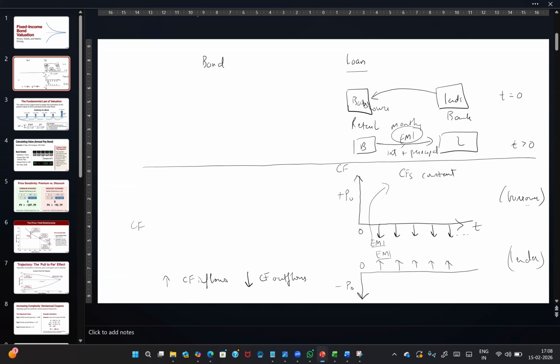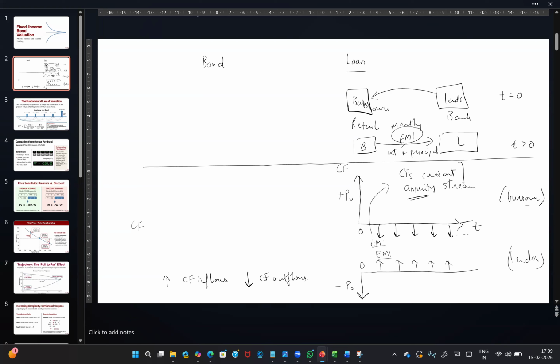This constant stream of cash flows for a given period of time is, in time value of money, called an annuity stream, which means the same cash flows spread across time. So these are the cash flow diagrams from a loan perspective.